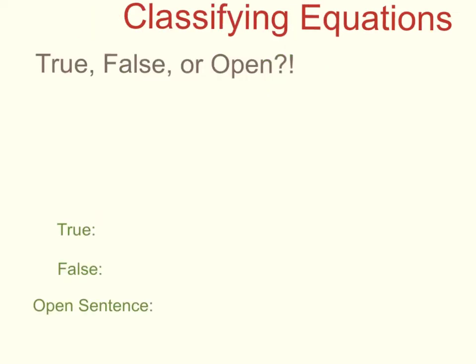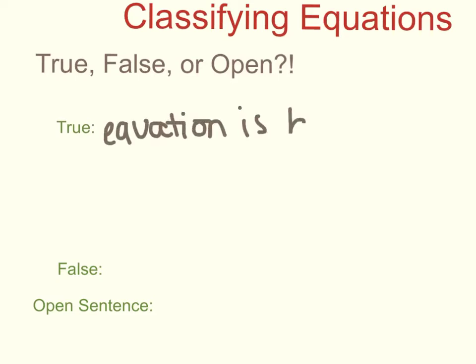Okay, so now that we know what equations are, we have to be able to classify them. There are three different types. The first type is true. And what a true equation means is that the equation is balanced. And if the equation is balanced, you will have a true equation.